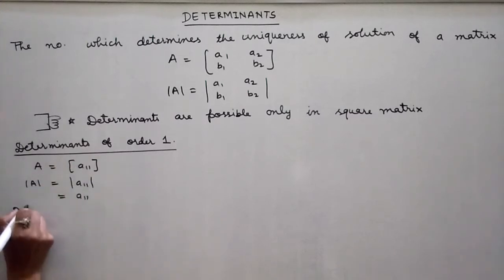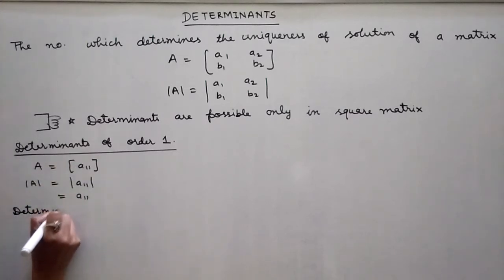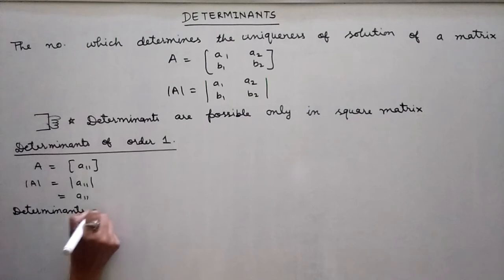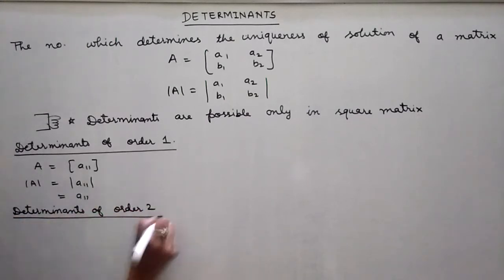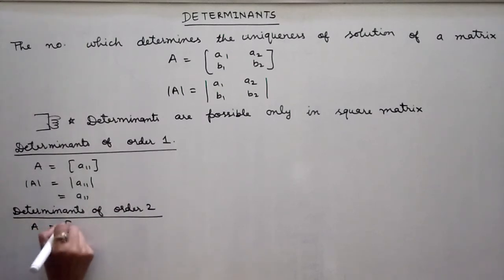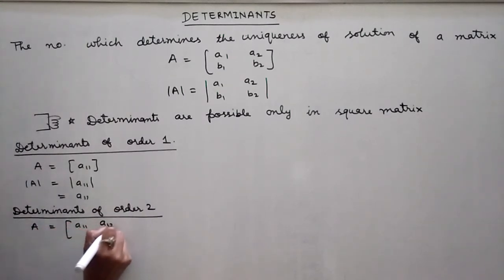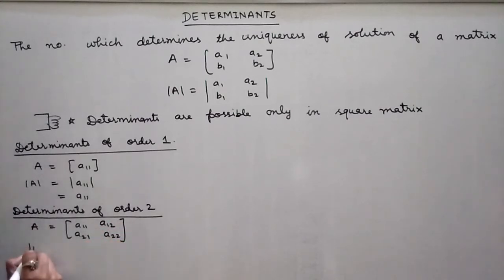Now come to the determinants of order 2. How can we find the determinant of order 2? Let us suppose we have a matrix A11, A12, A21, A22. When you change it into the determinant, the sign of determinants will also appear with the elements like this.